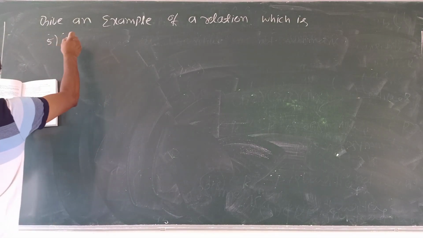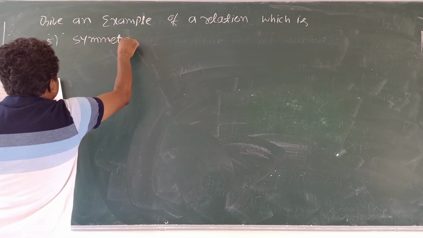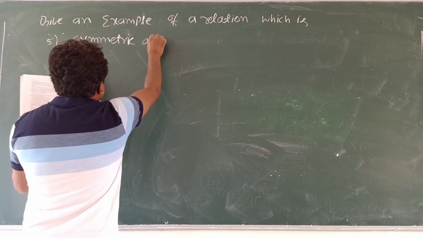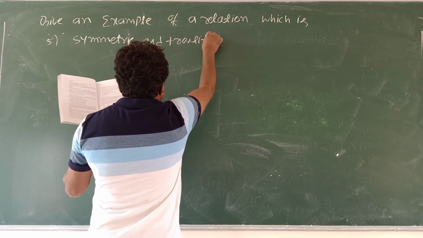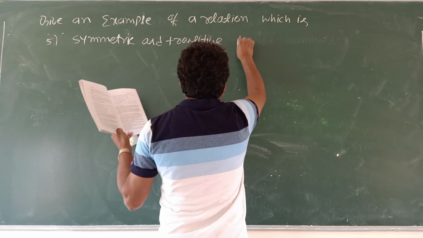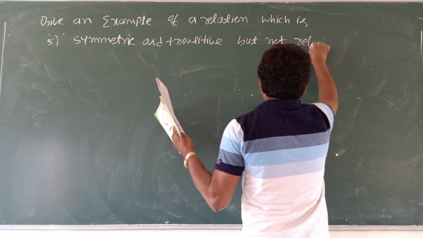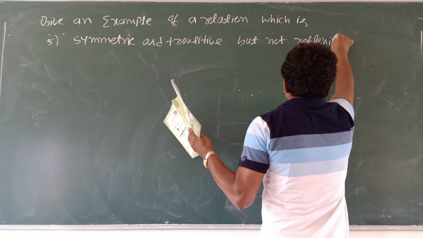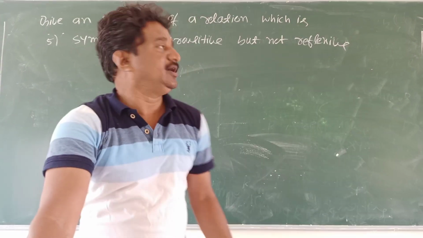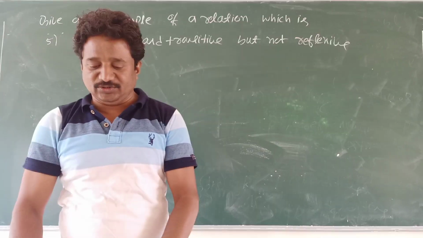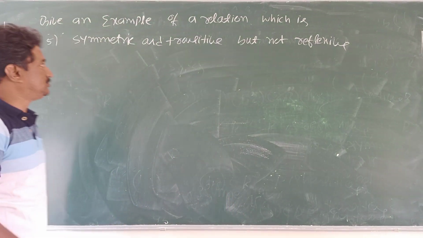Question number 5: symmetric and transitive, but not reflexive. It should be symmetric and transitive, but not reflexive. So easy. You solve by yourself, students.